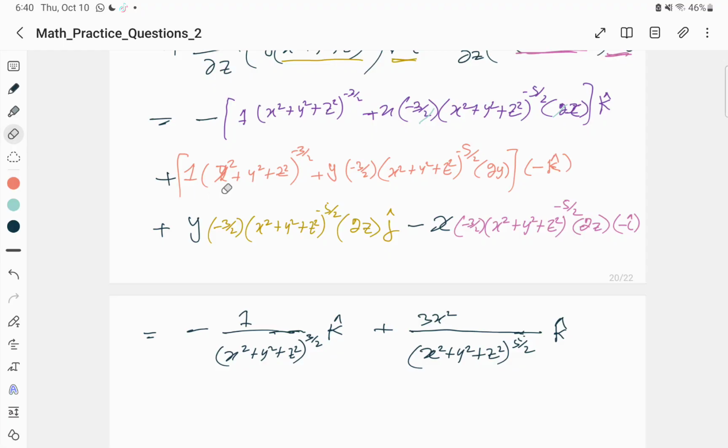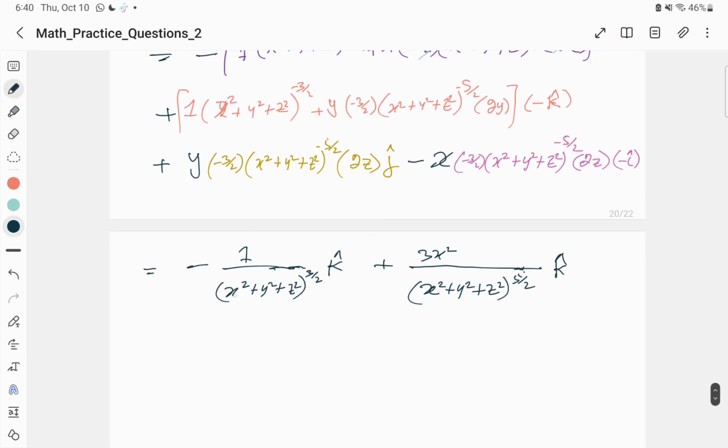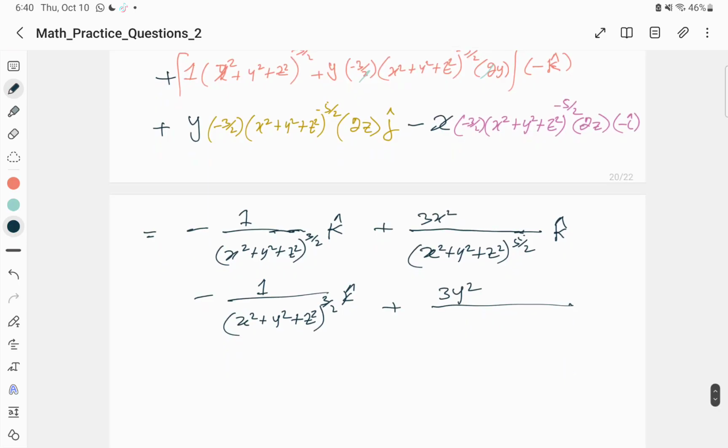Now we go to the second line. Here we have (x square plus y square plus z square) to the power negative 3 by 2, and there is a negative, so it will become negative 1 over (x square plus y square plus z square) to the power 3 by 2, and the k component. And from here we cancel this 2 with the 2, negative 3 times y, and y from here, negative 3y square, but this negative will make it positive 3y square divided by (x square plus y square plus z square) to the power 5 by 2, and there is a k component.